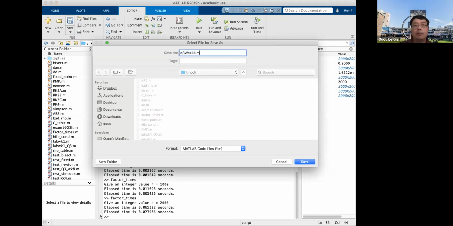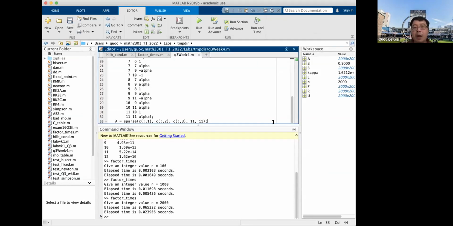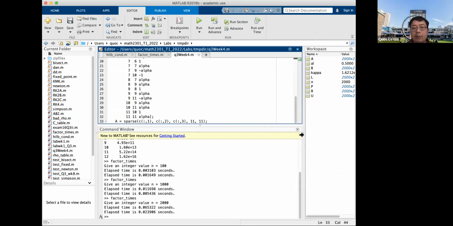So you see, remember your matrix is a sparse matrix, so you don't want to enter an 11 by 11 matrix. But you can enter the sparse matrix by giving the values and the positions of the non-zero entries.